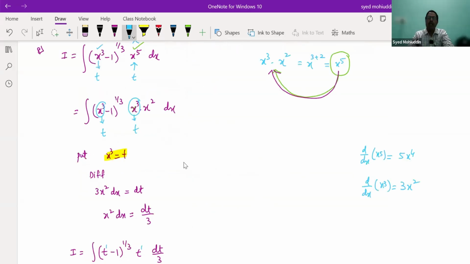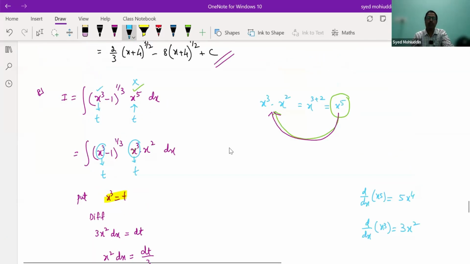That's what. T value directly you'll not be able to find out. This was the question, right? First I decided that I'll be taking this value as t. First I decided because x power of 5 is there, it is independent. I thought of taking that as t. But the moment I try to differentiate here, it has become x power of 4.